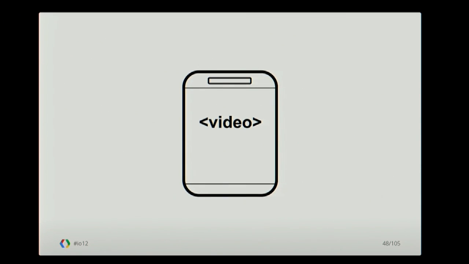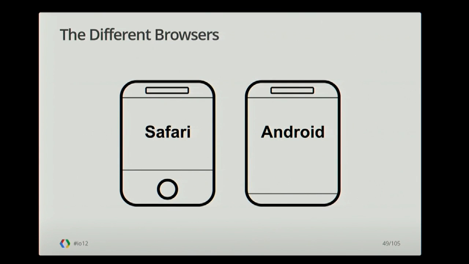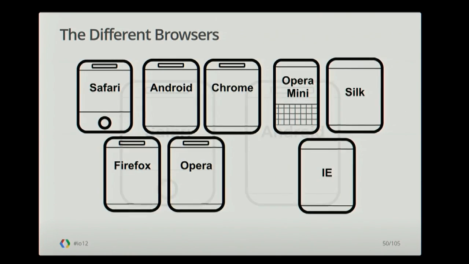But let's talk about HTML5 video. Most of the time people think of it like this: there's Safari in some places and Android in other places. That's a misconception, because really the world looks like that. We have a lot of different browsers. I have all of these installed on my phone, and these are full-featured browsers.